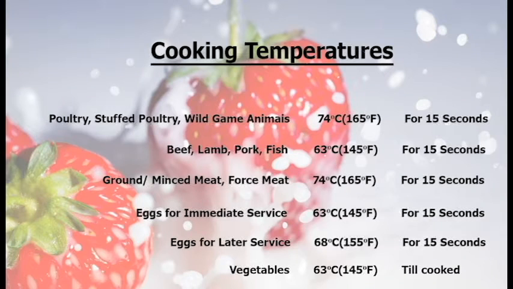Now we're going to learn about the cooking temperature of different types of food. Vegetables need to be cooked at 145 degrees Fahrenheit or 63 degrees Celsius at least until cooked. Poultry products and game need a higher temperature. The minimum internal cooking temperature of poultry and game is 165 degrees Fahrenheit or 74 degrees Celsius for at least 15 seconds.